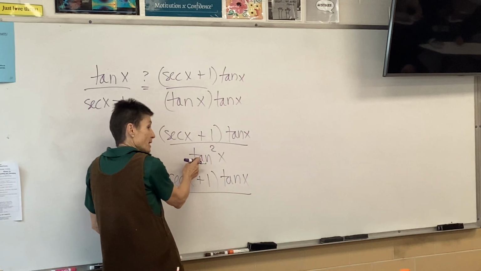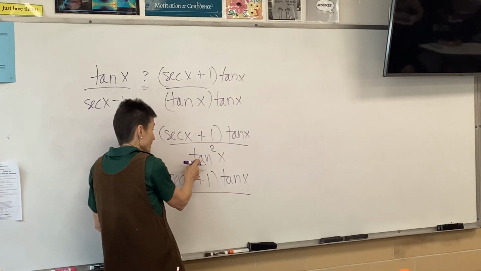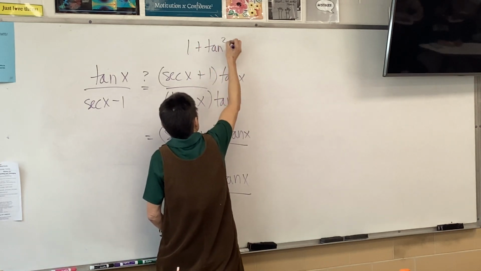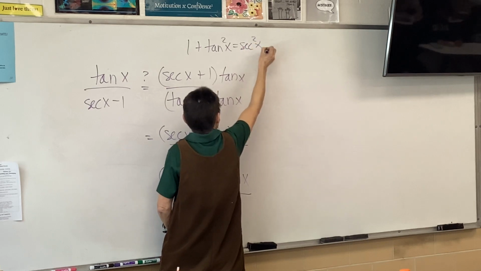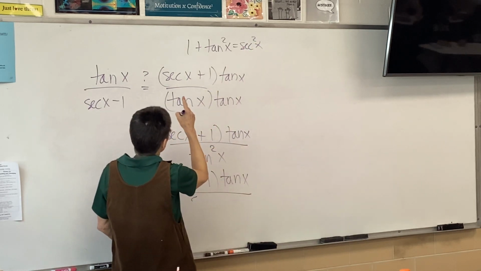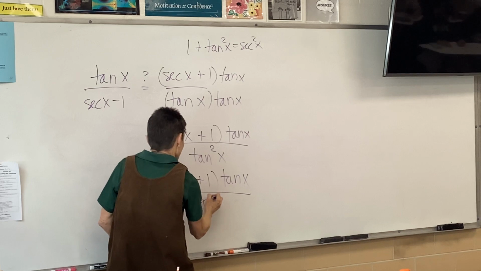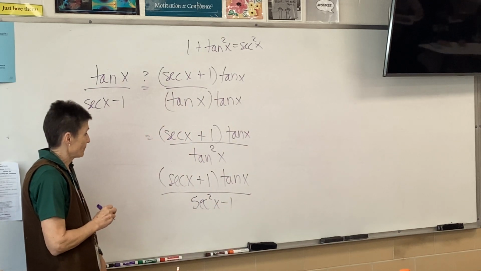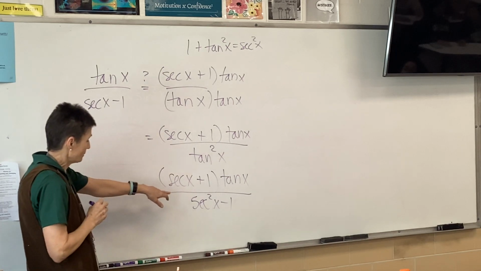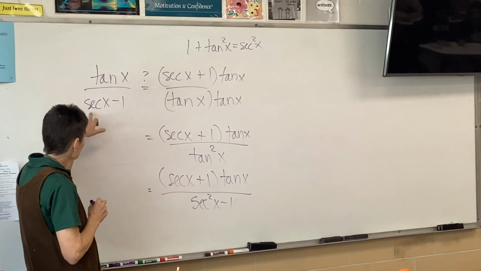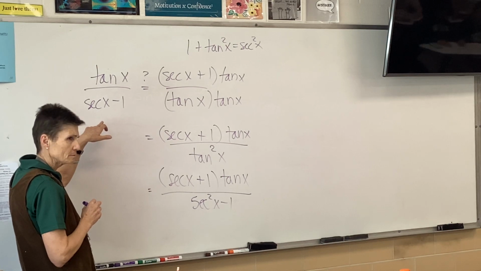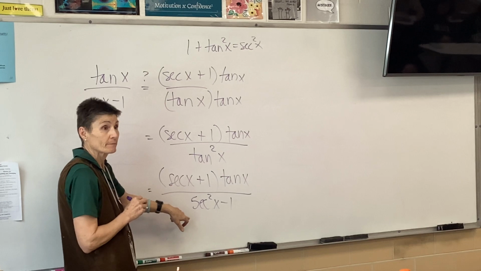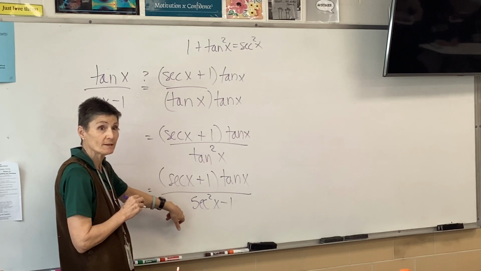I can only change a squared. So let's see, I always have to write it down. 1 plus tangent squared is secant squared. So tangent squared is secant squared minus 1. Now, this is where we are. That's where we want to be. Can't you factor out the difference of squares? Yes, this is the difference of squares, right down here on the bottom.